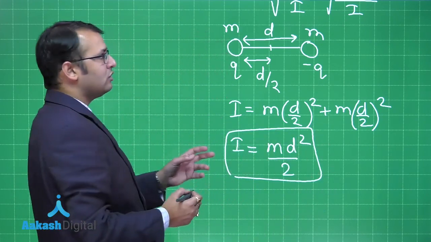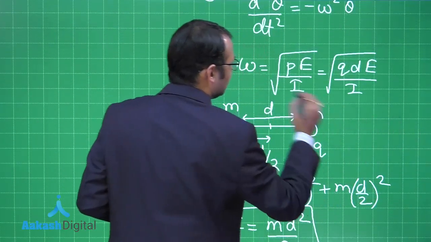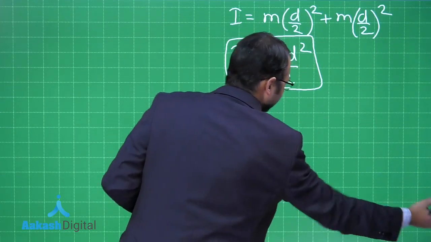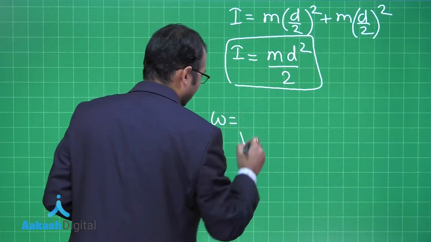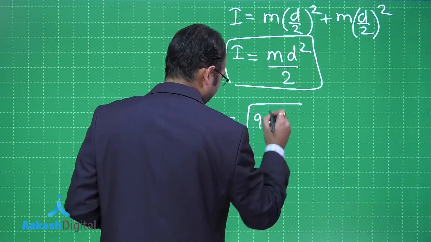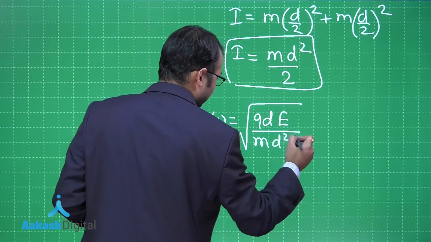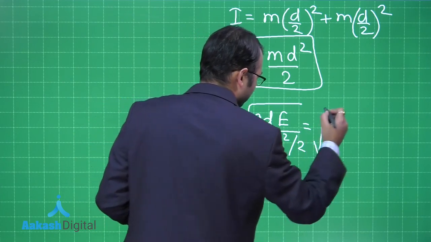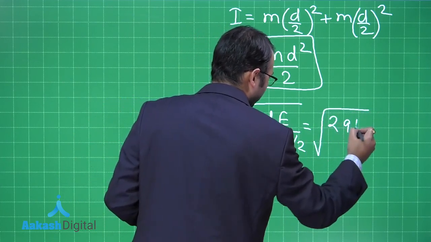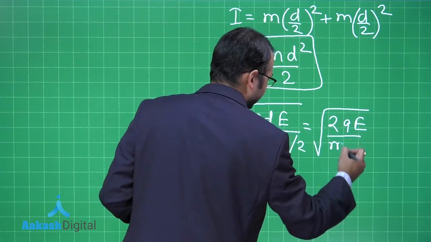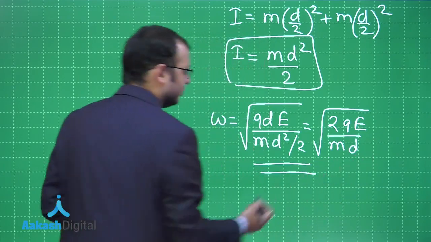So you have moment of inertia as well now. Just put this value here. You will get omega as under root QdE divided by md square by 2. On solving, you will get 2QE by md. This would be the omega in this case.